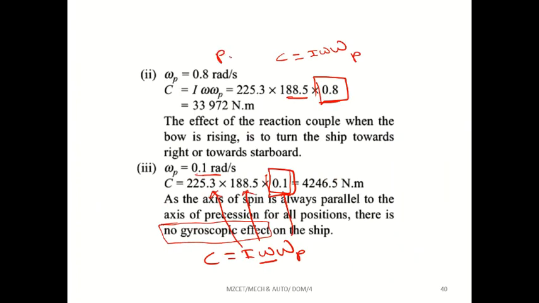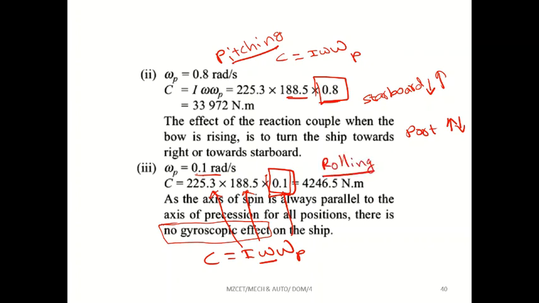For pitching, you have to tell whether the starboard is rising or lowering, and whether the port is rising or lowering. If starboard is rising, port will be lower. If starboard is ditched, port will be raised. But for rolling, always write no gyroscopic effect.